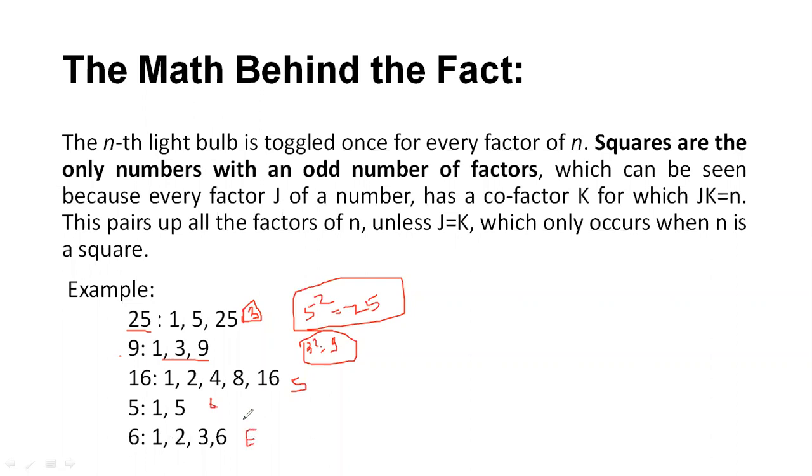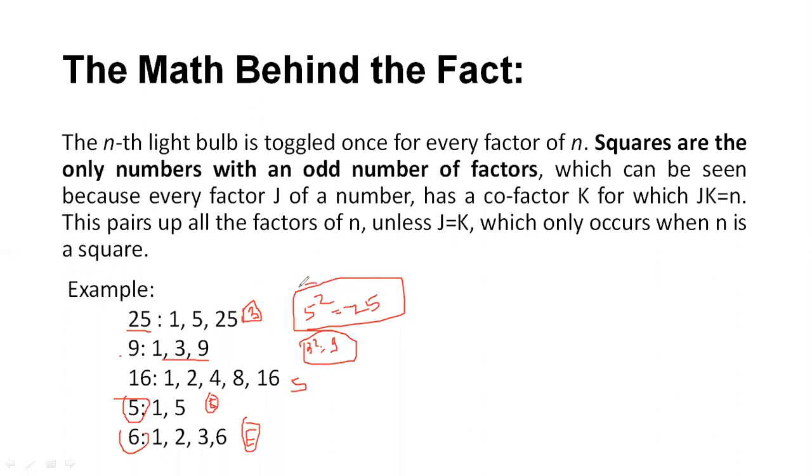Okay, I hope you understood the logic up to this point. If it is a square number, then you will get an odd number of factors, and if it is a non-square number, you will get an even number of factors. Now you can read again. The nth light bulb is toggled once for every factor of n. Squares are the only numbers with an odd number of factors.